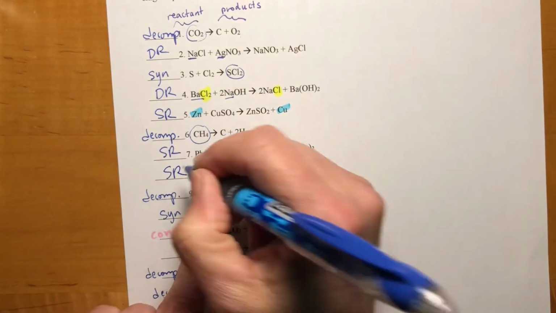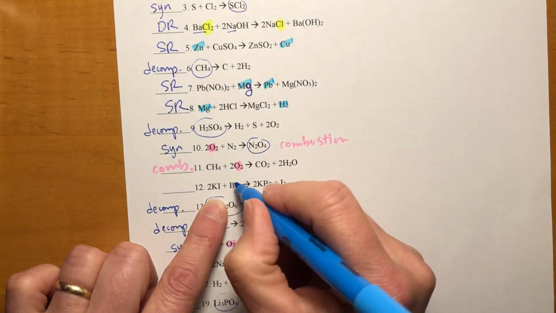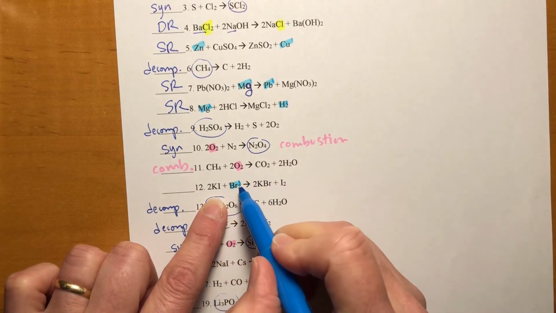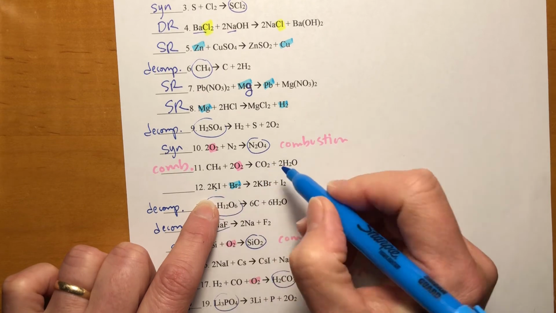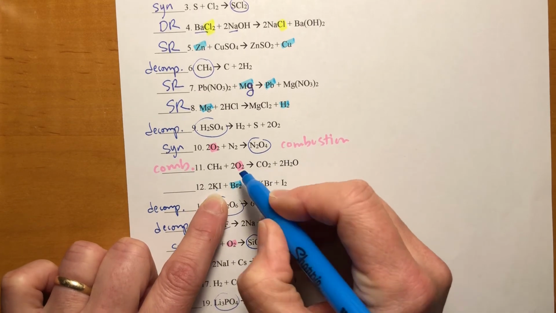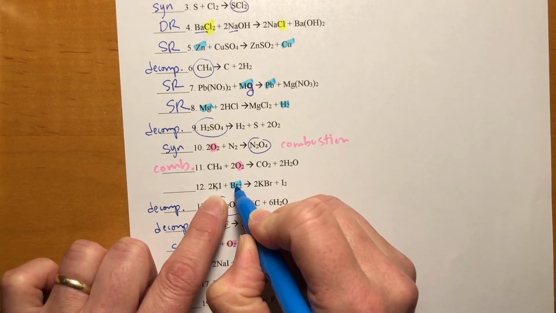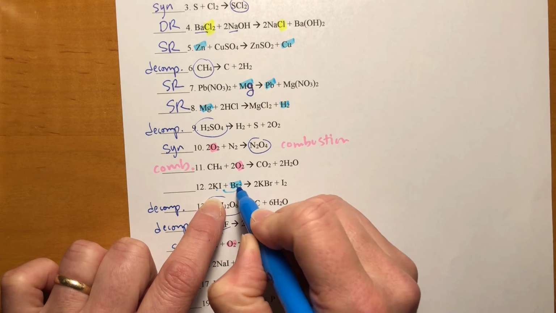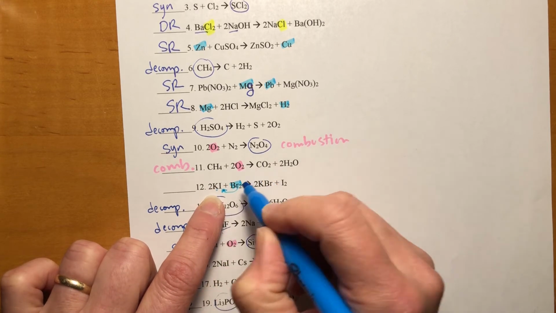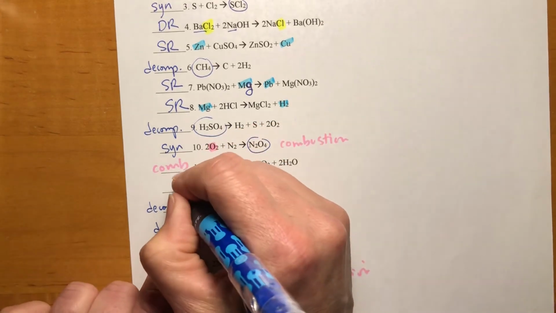So that's a single replacement. This is also a single replacement. The bromine's alone, but it's going to come in here and kick the potassium out. Oh, this is not the metal kicking. Okay, sorry. This is a non-metal. Okay, yeah, this can happen too. This is a non-metal kicking out a non-metal, so the iodine got kicked out. Okay, yep. It's a single replacement.